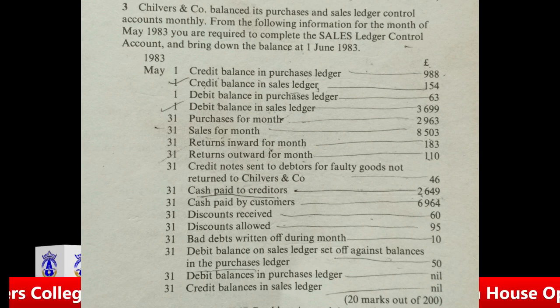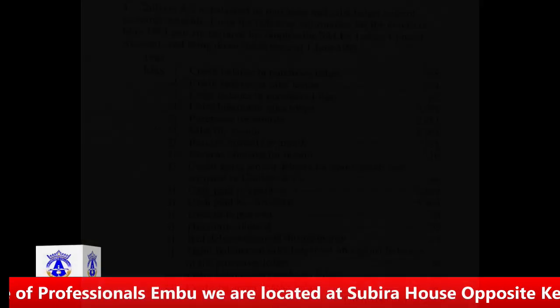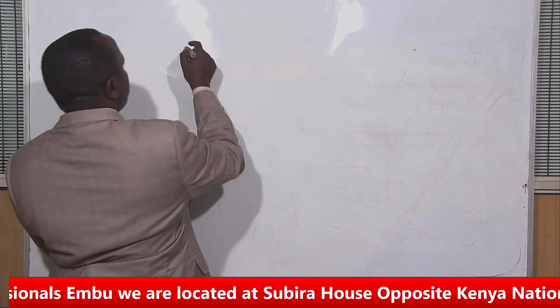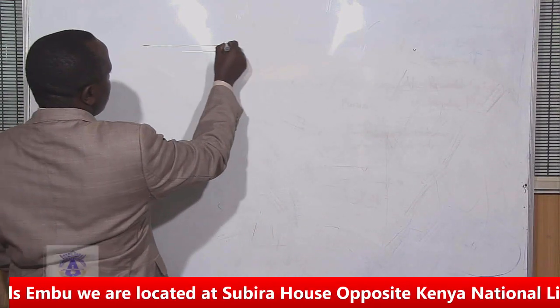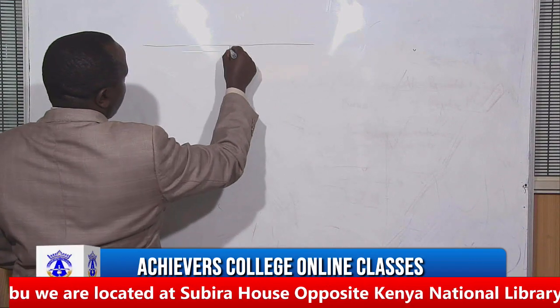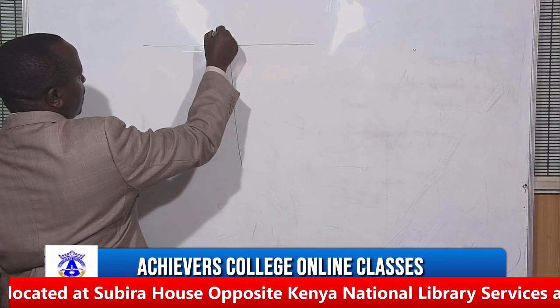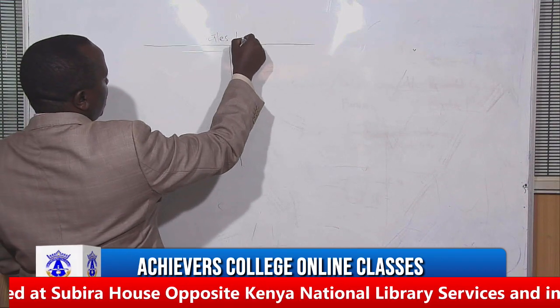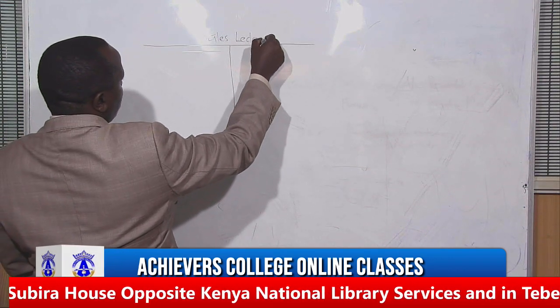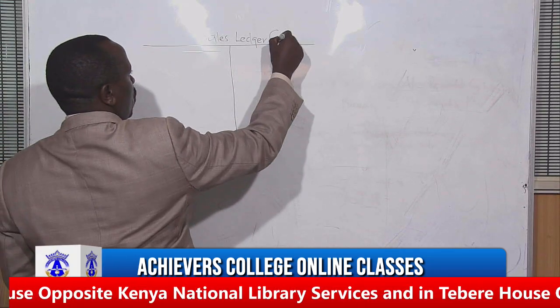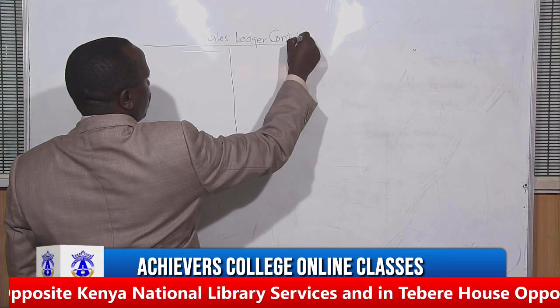Now, for us to draw the sales ledger, this is how you are supposed to draw it. The sales ledger, remember, this is a debtors ledger. So sales ledger control account.